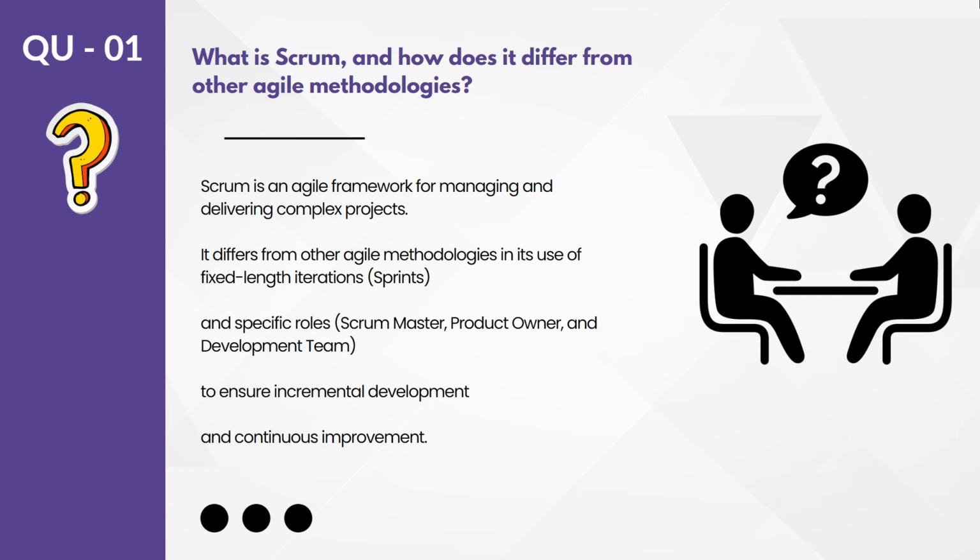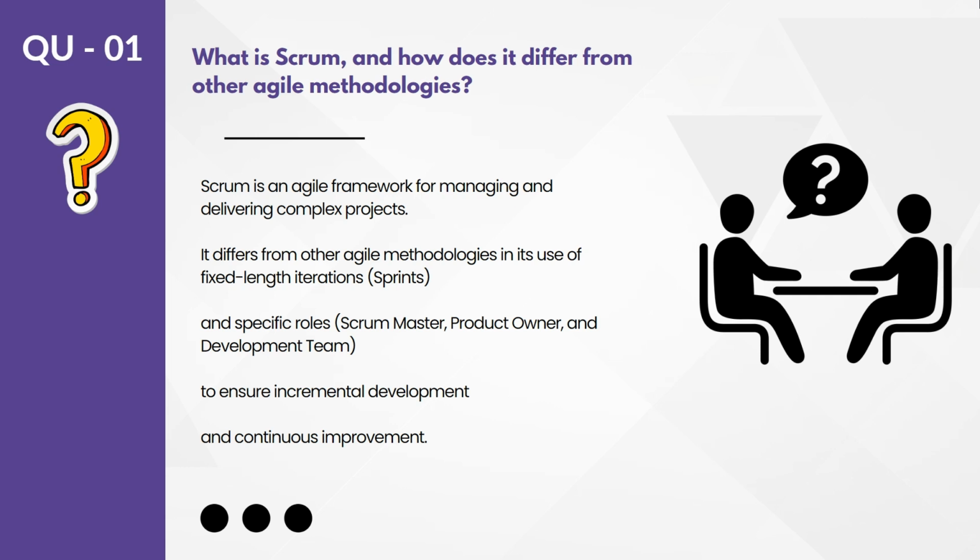And how overall this delivers value by ensuring incremental development and continuous improvement. When you talk about incremental development, mentioning the increment should give a trigger to the interviewer, and when you talk about continuous improvement, you can give a trigger on the retrospective.